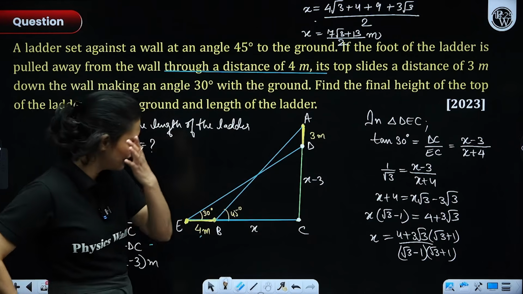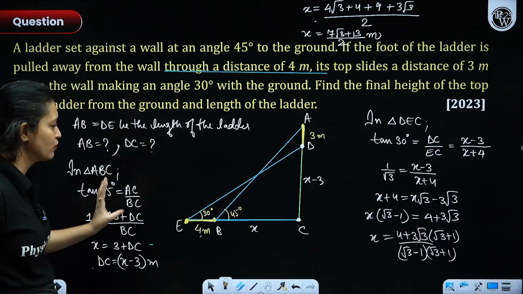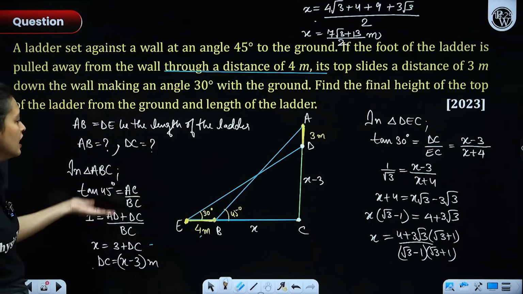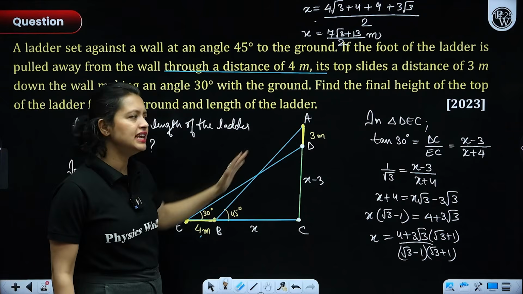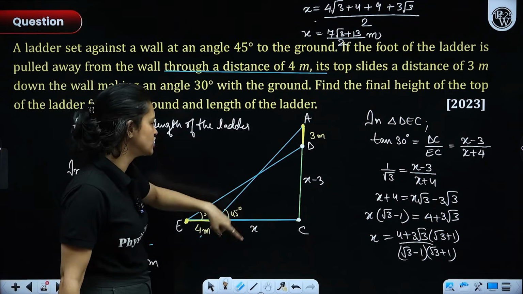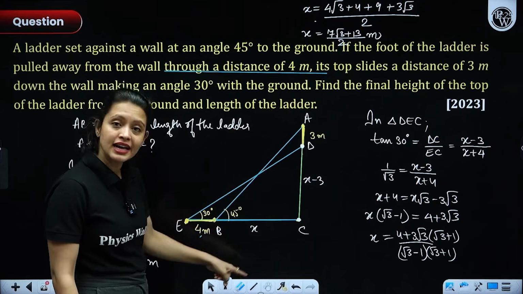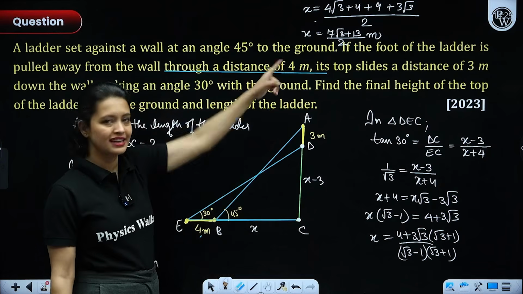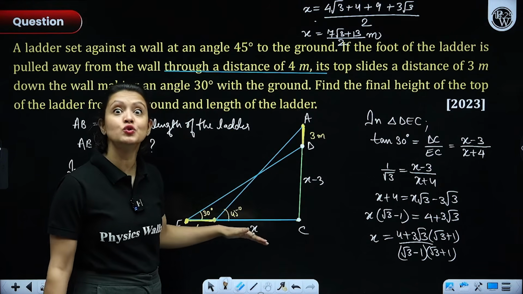Simple, everyone. Now we also had to figure out AB or DE, whatever you want to figure out. So let's just see what AB is. We can use another ratio in any of the triangles. Let's just use it in the first triangle, triangle ABC. In triangle ABC, I know the value of BC. It's x, and I need AB. So for that I'll use cos.